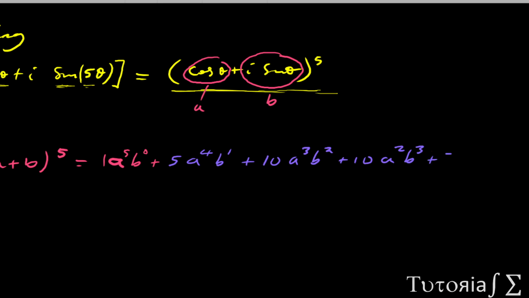Then plus 5, a reduces by 1, so that would be a, and b increases by 1, that would be 4. And finally plus 1 times a to the power 0, b to the power 5.